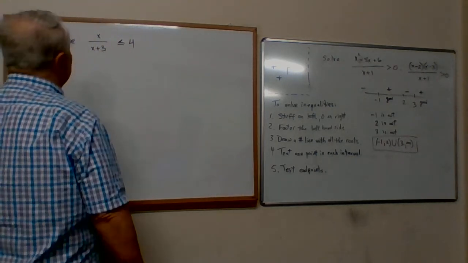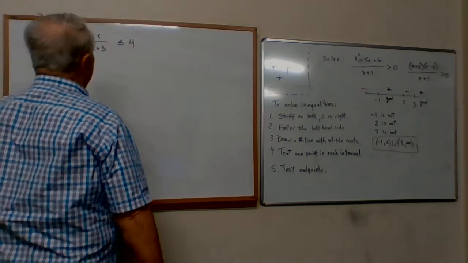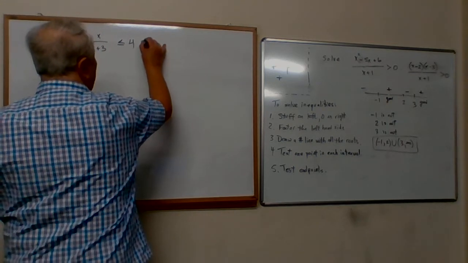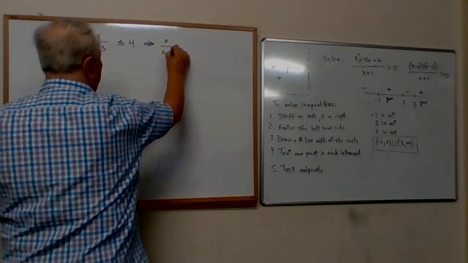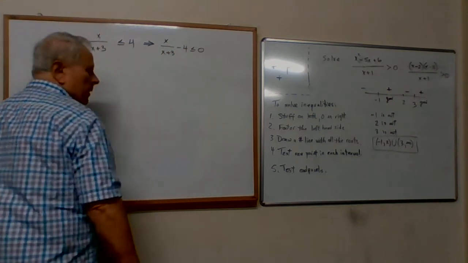Let's use this method. All the stuff on the left and 0 on the right. That means the 4's got to come over. So x over x plus 3 minus 4 is less than or equal to 0.